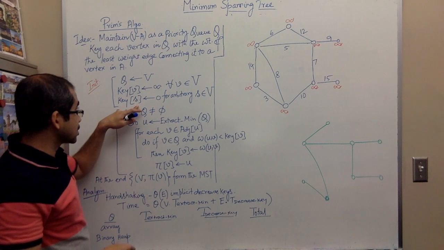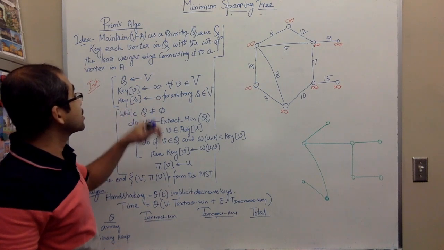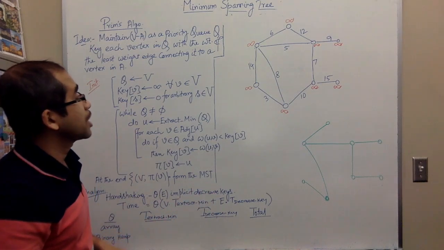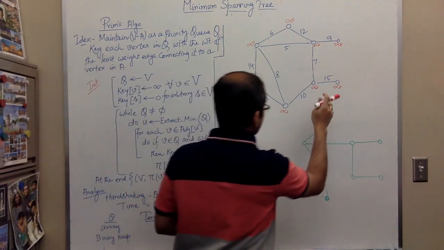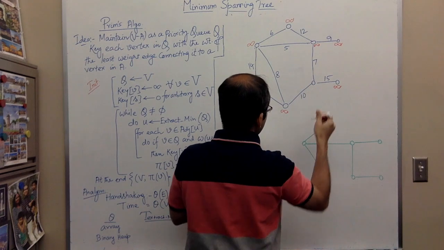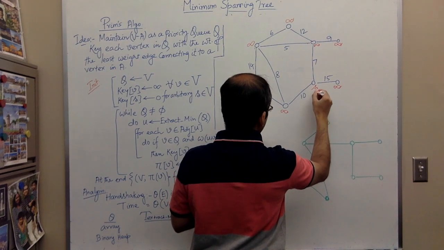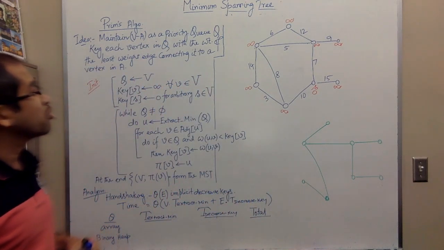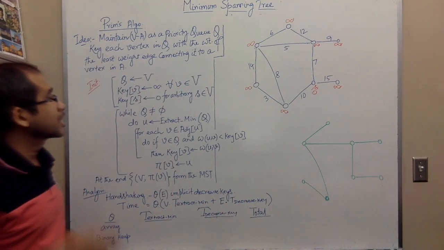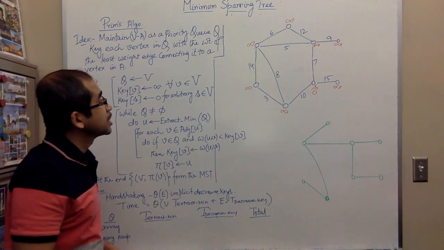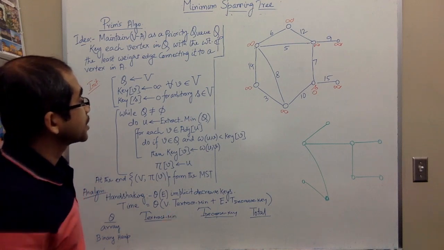Now take a starting vertex S and make the distance estimate 0. You can take any arbitrary starting vertex. Suppose here, let's say this one, we make it the starting vertex S, and its distance estimate is 0. So now we have the starting vertex S whose distance estimate is 0, and all other vertices have different distance estimates.